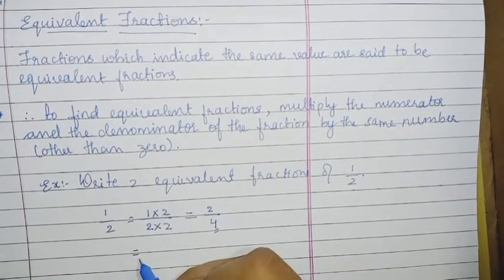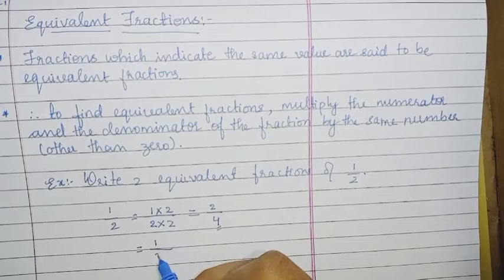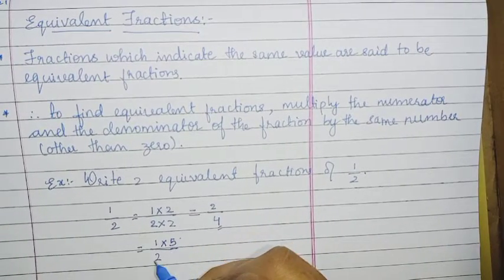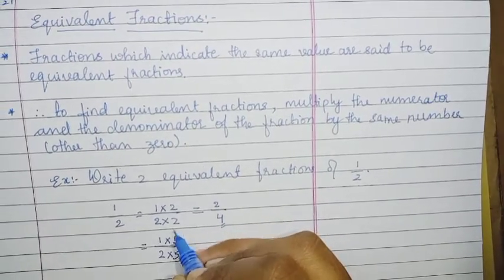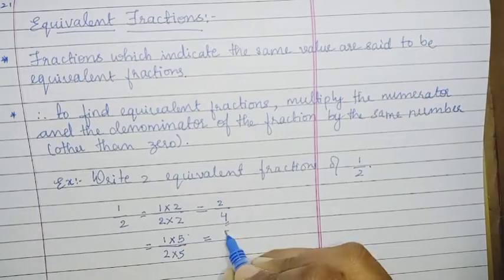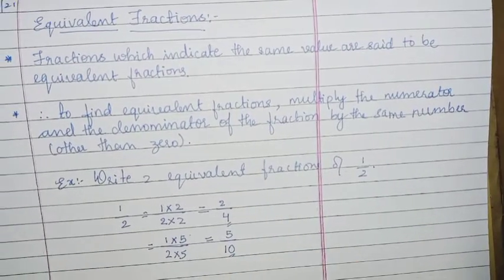Okay. Next, we have to find 2, no? There is 1 by 2. Multiply the numerator by any number. I'll just write 5. Okay, 2 into 5 also. Both the numerator and denominator, we have to multiply by the same number. So 1 5 is a 5, 2 5s are 10.